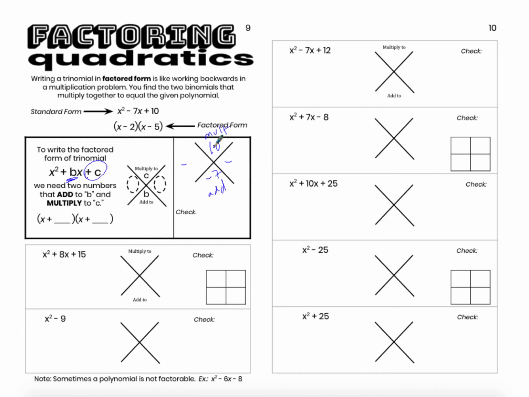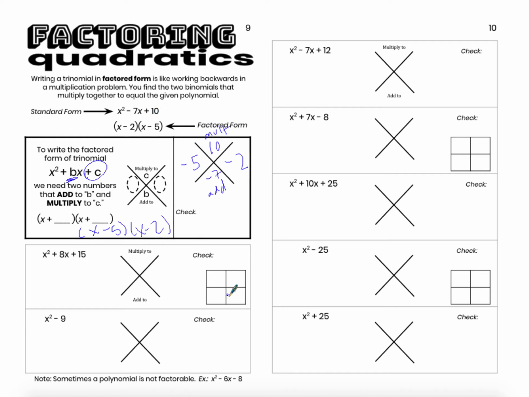So I'm going to think about my factors of 10, and I can see right away that 5 and 2 work here. Negative 5 times negative 2 gives me positive 10, but negative 5 plus negative 2 gives me negative 7. That means that my factored form is x minus 5 times x minus 2, which is equivalent to x minus 2 times x minus 5.